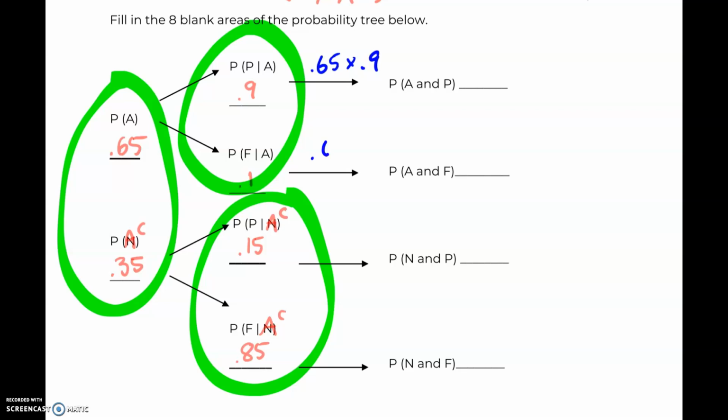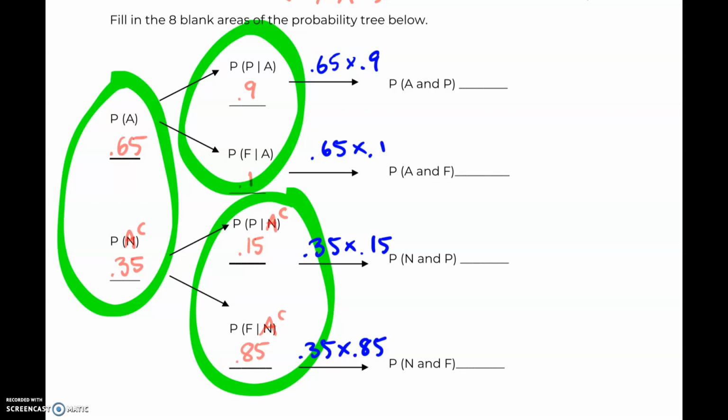Down here we have 0.65 times 0.1, 0.35 times 0.15, 0.35 times 0.85. So once we fill in those first probabilities, usually filling in those last probabilities is very easy. But students make a lot of mistakes setting it up correctly by starting with a marginal probability first, and then oftentimes they get mixed up with the conditional probabilities as well.